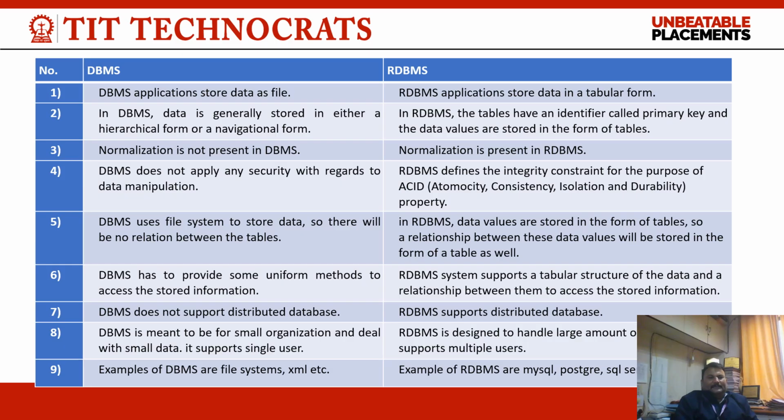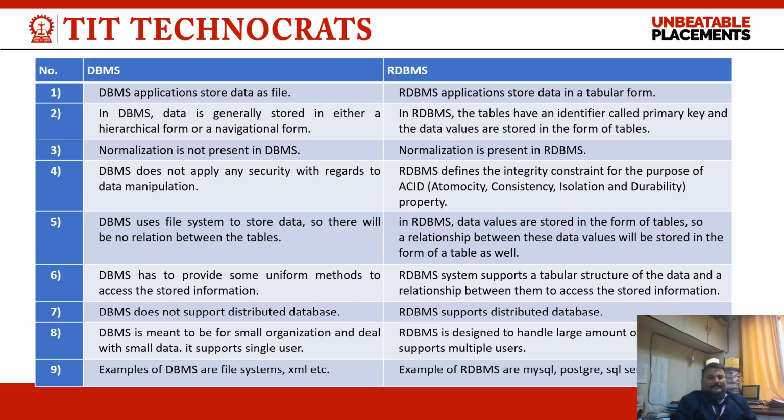Now the next point: DBMS uses a file system to store data, so there is no relation between tables. While in RDBMS, data values are stored in the form of tables, so the relationship between these data values is stored in the form of tables as well.